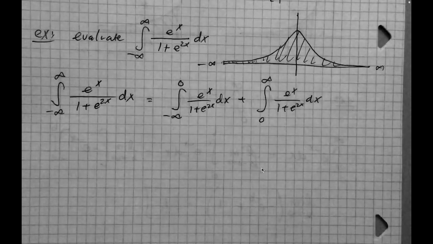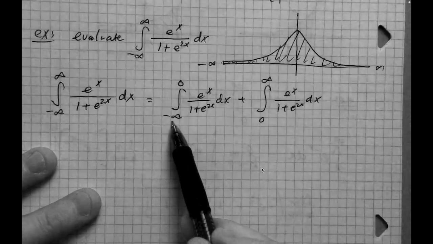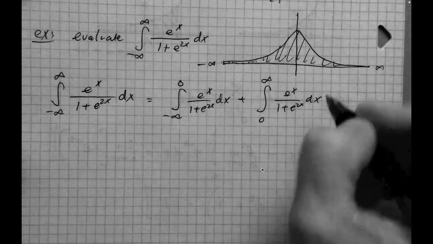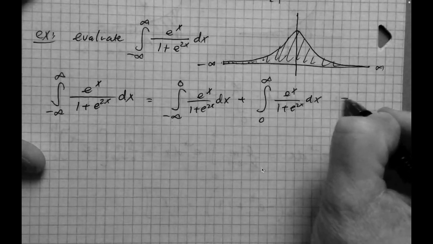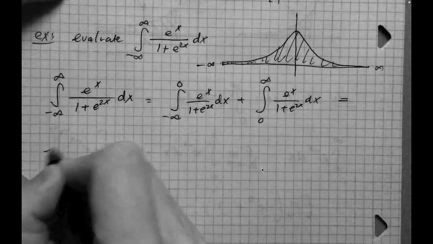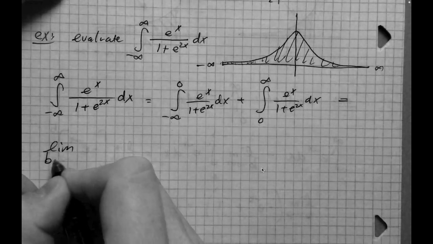Now, because we can never plug in negative infinity or infinity, we plug in an a and a b instead.